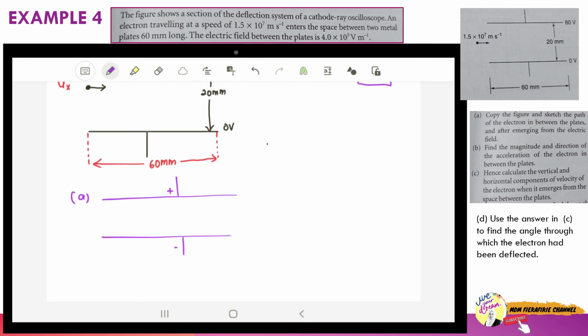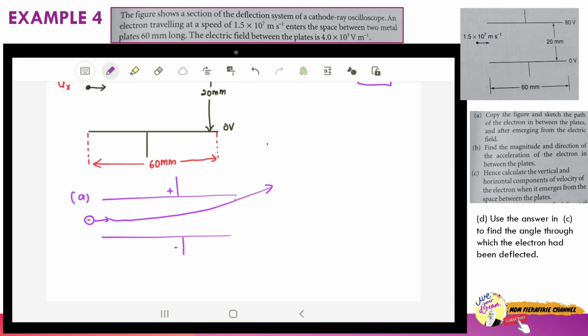When the electron enters the electric field, it will be deflected in the upward direction, dia akan deflect ke sini lah, ke atas. Kenapa electron tu akan deflected ke atas? Because the electron will be attracted to the positive plate.